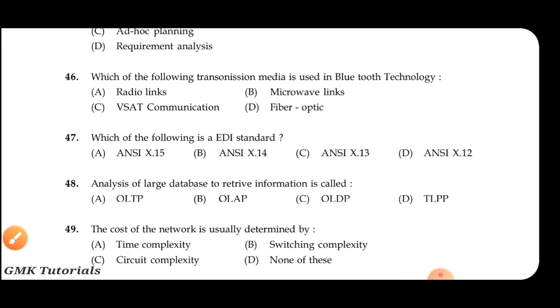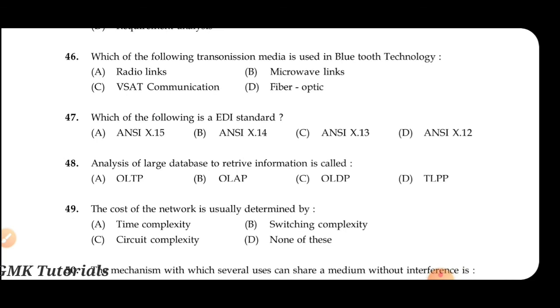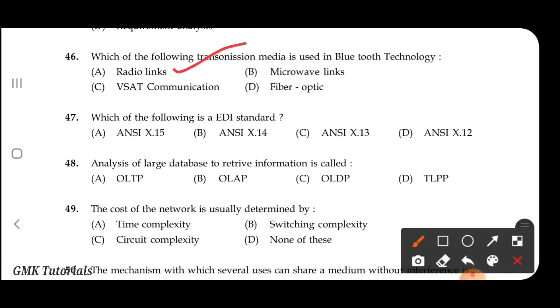Which of the following transmission media is used in Bluetooth technology? That is radio links. Which of the following is an EDI standard? EDI means electronic data interchange. The standard is X.12, ANSI X.12. Analysis of a large database to retrieve information is called OLAP.